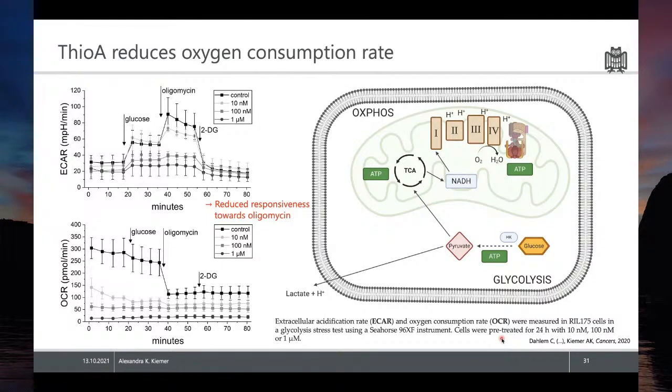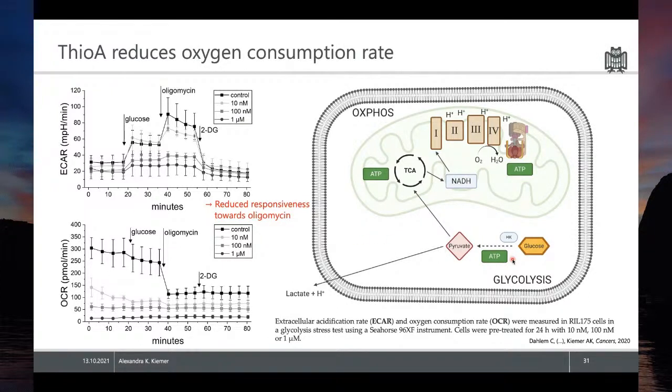So what we did is that we measured the metabolism of these cells in a Seahorse analyzer, which allows us to really quantify the different aspects of cellular metabolism. This is done by injecting different compounds into the system and measuring the extracellular acidification rate or the oxygen consumption rate.